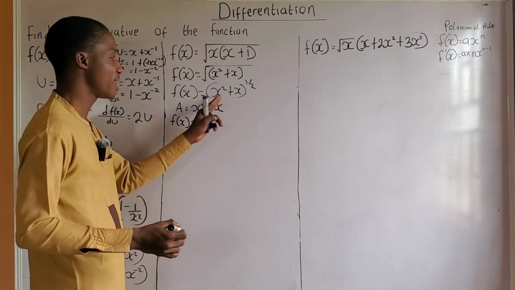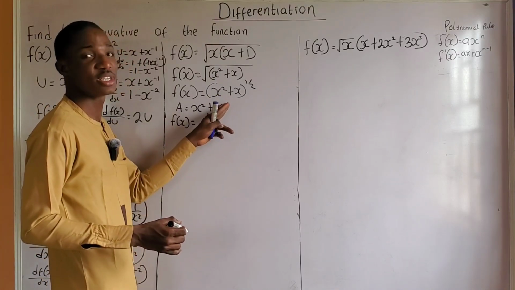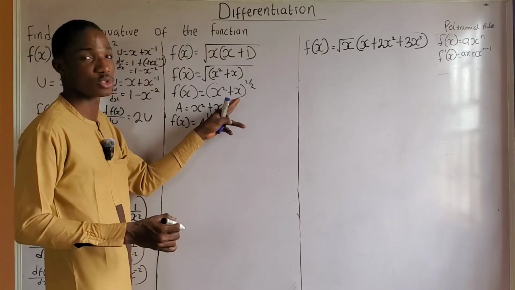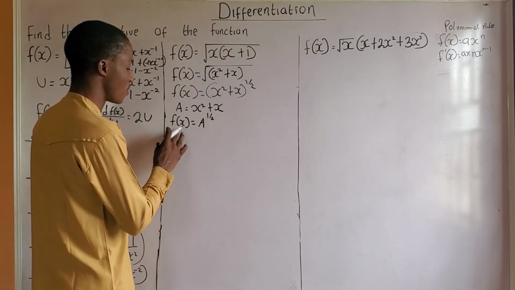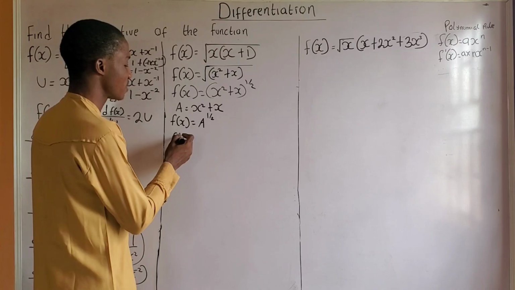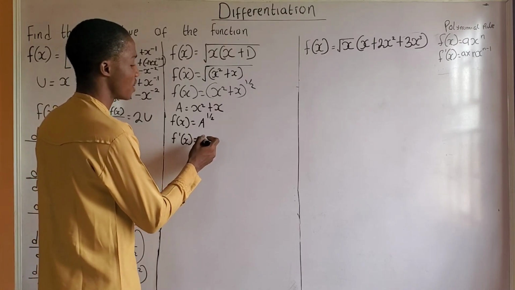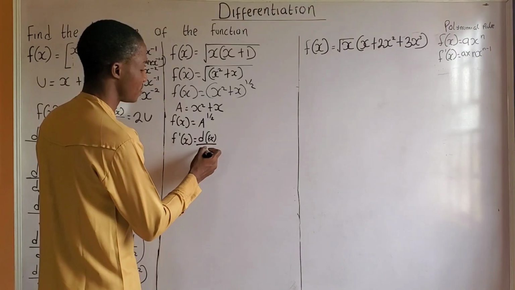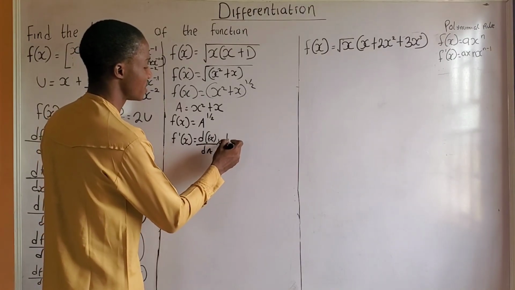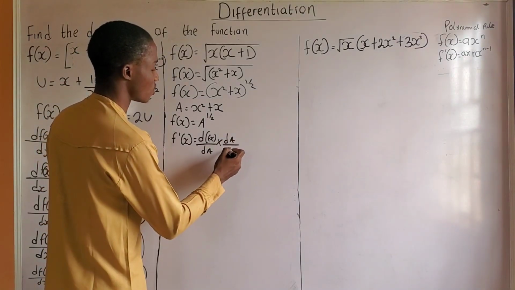Because a has been equated to x squared plus x, now the derivative of f of x will be equal to the derivative of f of x with respect to a multiplied by the derivative of a with respect to x.